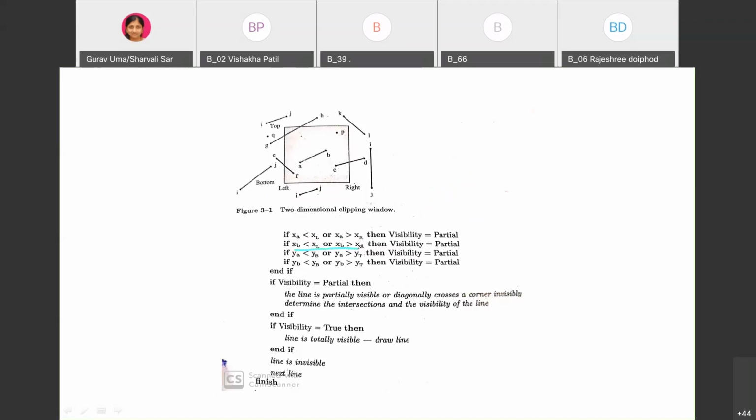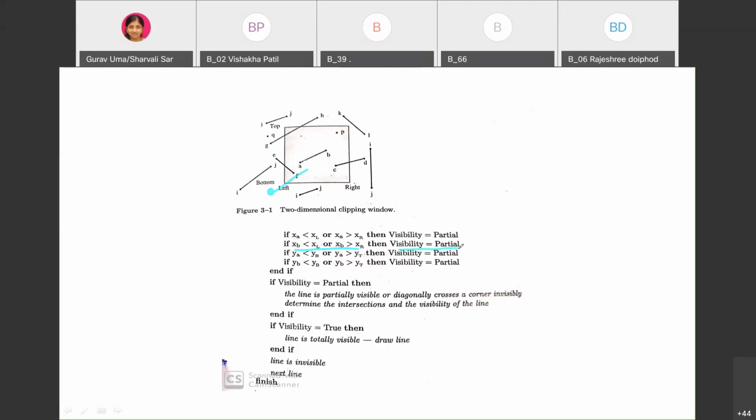If we check for the second line, that line is partially visible and partially invisible. If XB is less than XL, it will be somewhere here, and if XB is greater than XR, it will be somewhere here. So the line is partially invisible and partially visible, so the status of visibility will be partial.